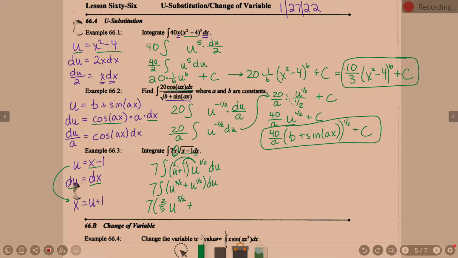So add 1 to the power and it is u to the 3/2. Divide by 3 over 2 is multiplying by 2 over 3. In that parentheses, and I'm going to say plus c.